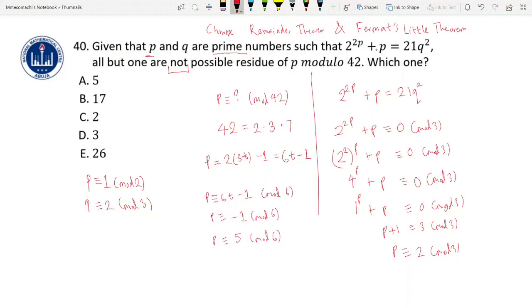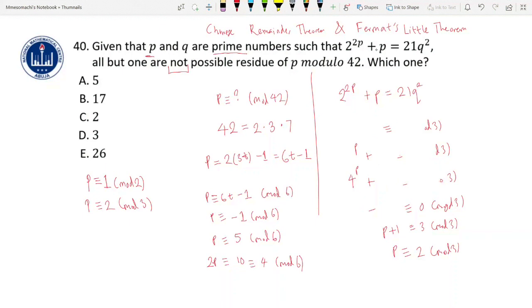So we have 2P. Why am I finding 2P? Because we have a power of 2P here. 2P is congruent to 10, which is congruent to 4 mod 6. So let's quickly go into this.